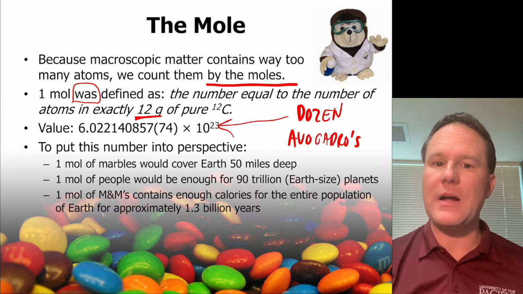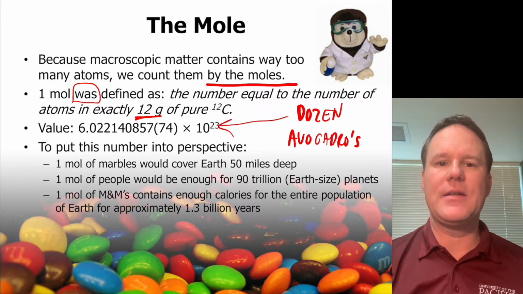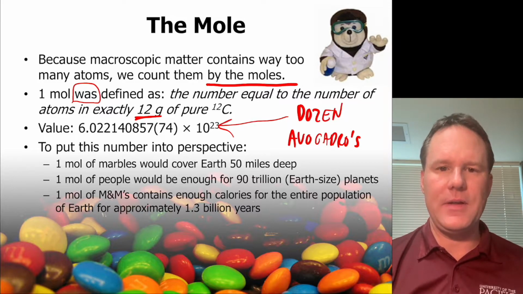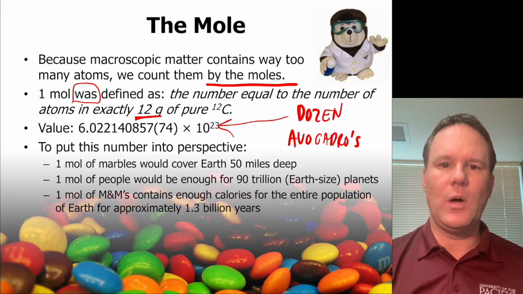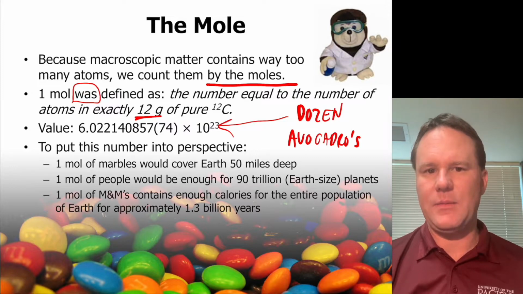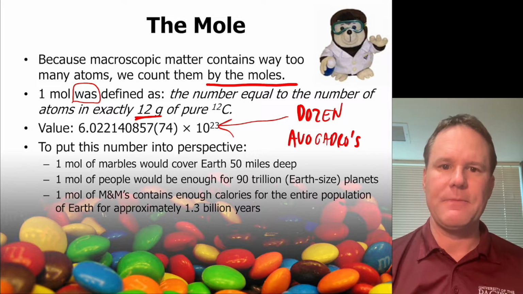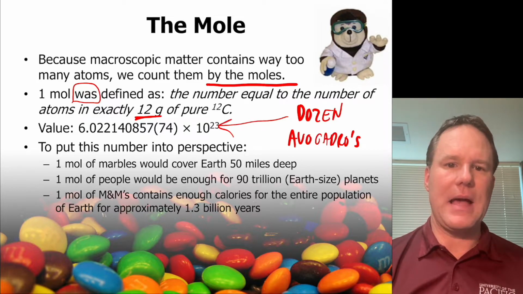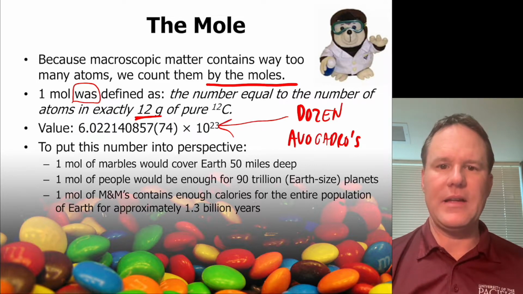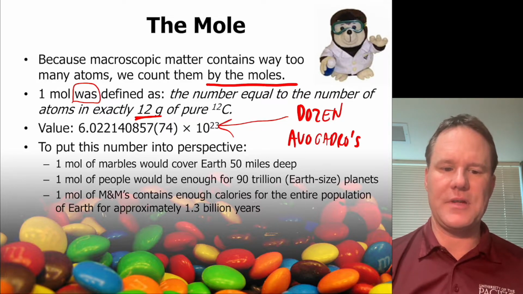Since carbon-12 was defined to be 12 AMU for one carbon atom, then 1 mole of carbon atoms is defined to be 12 grams. And so if you can measure exactly the mass of carbon-12, then you can determine what Avogadro's number is.